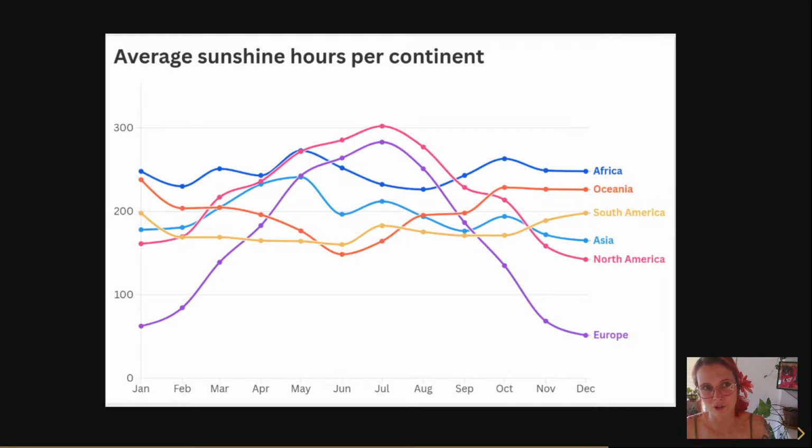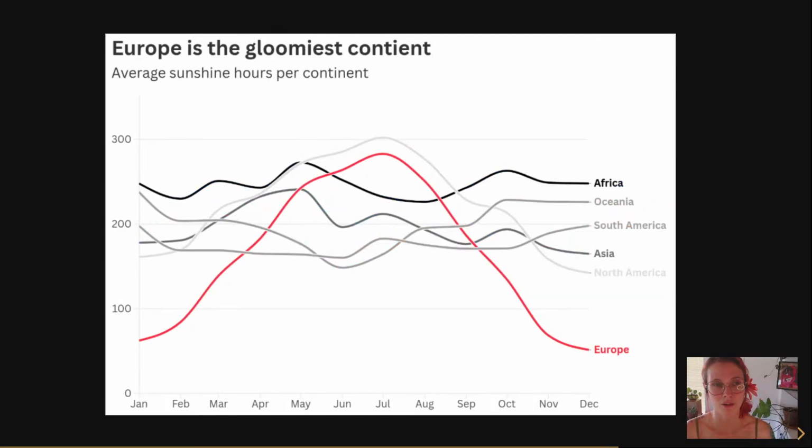If I only say average sunshine hours per continent, I don't know if this is a good visualization, because it doesn't tell me a story. And what I already see is that it uses too many colors. It doesn't really give me a clear takeaway.